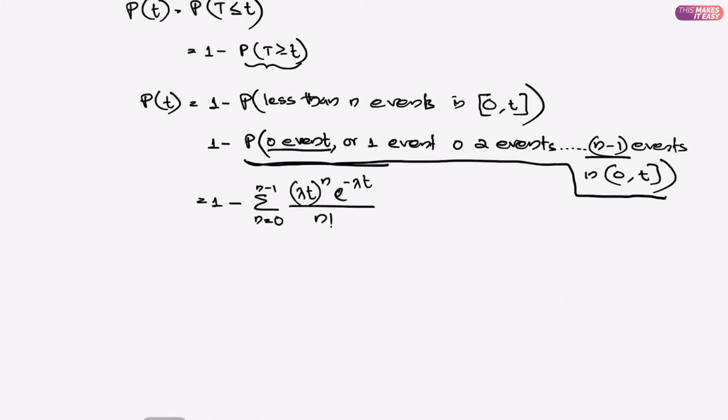So we are summing from 0 to n minus 1. The first term will be e minus lambda t. So we can rewrite this, then from k equals 1 to n minus 1.